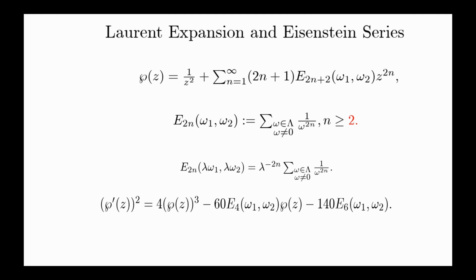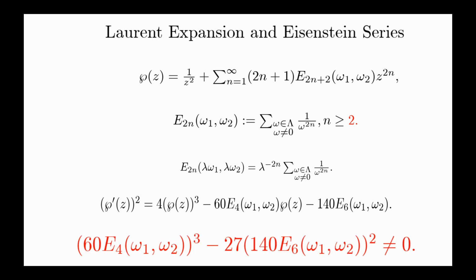So Eisenstein series E4 and E6, which are in a sense the most important Eisenstein series if we don't count E of 2, because the other Eisenstein series can be expressed as linear combinations of E of 4 and E of 6 with rational coefficients, but we are not going to look at that in this presentation.